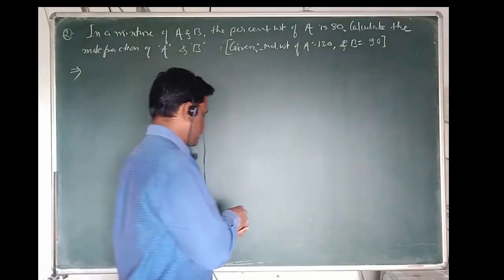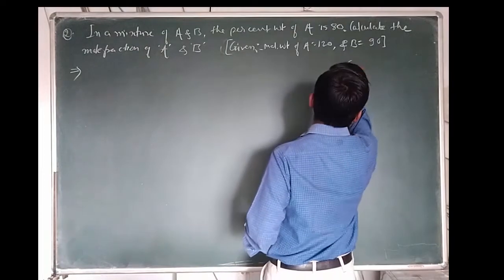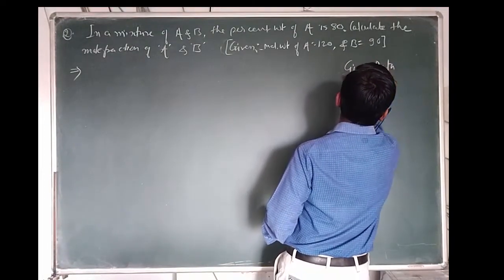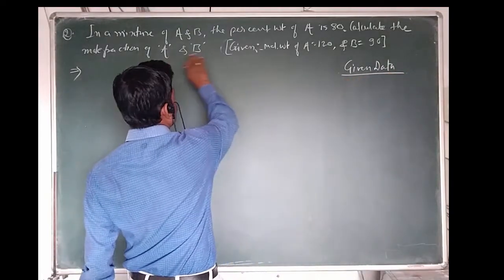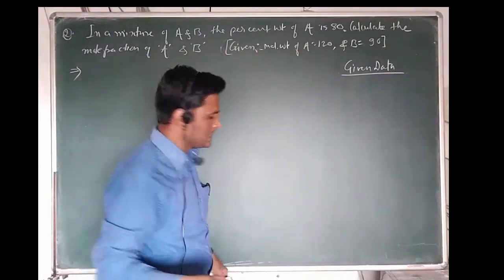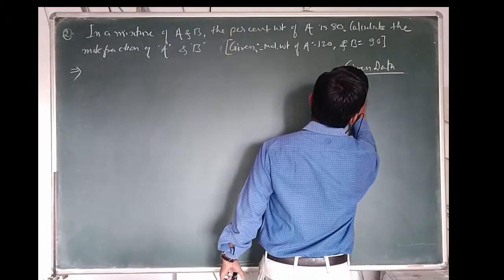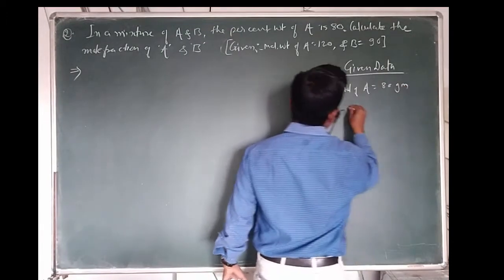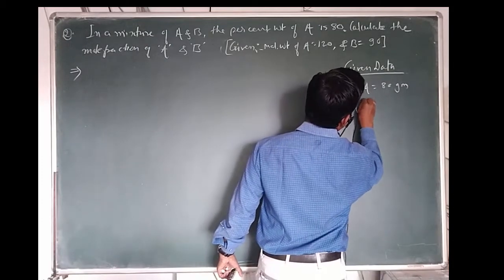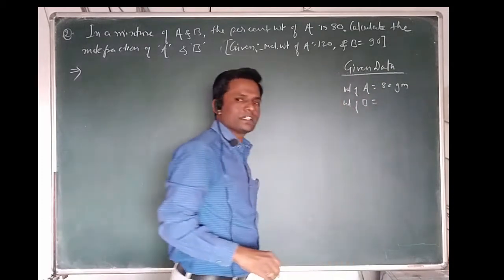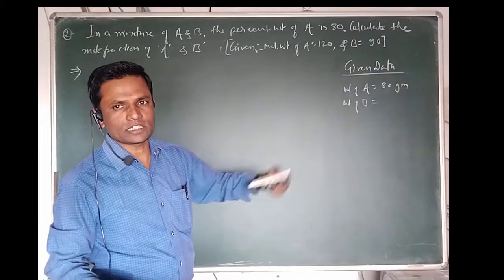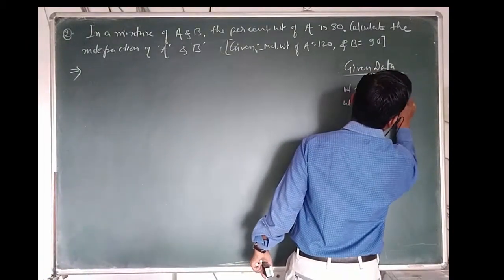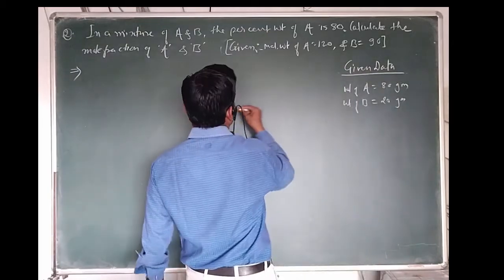Let me first write the given data very fast. In the problem, the percent weight is given, which means the weight of A equals 80 gram. The weight of B is 100 minus 80, so you will get 20.